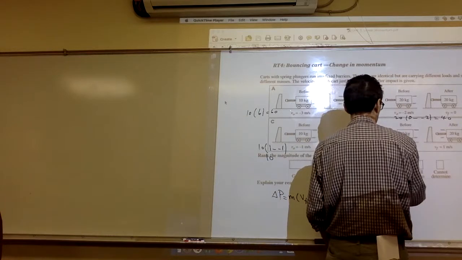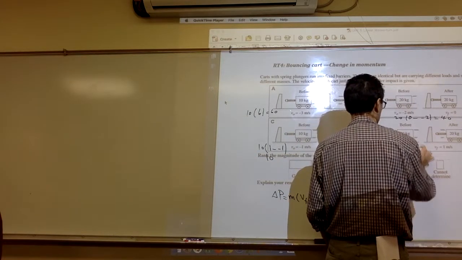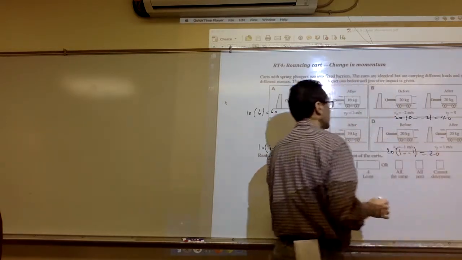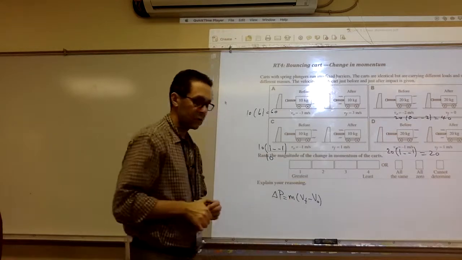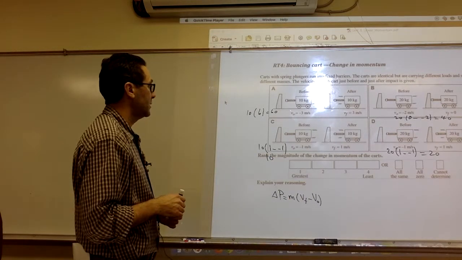And this one here would be 20 times 1 minus negative 1. Okay, so this should be 20. All right, so the ranking should be A, B, D, and C.